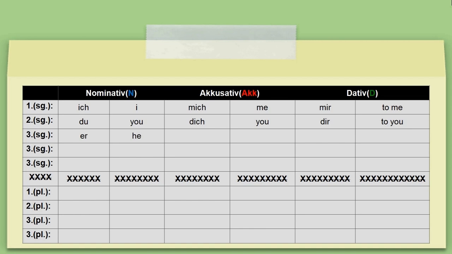Third person singular for masculine, er in nominative, ihn in accusative, but in dative different, ihm, or to him. Singular third person feminine, in nominative sie, accusative also sie, in dative ihr, or in English to her. And for neuter, es, and in dative ihm, to it.